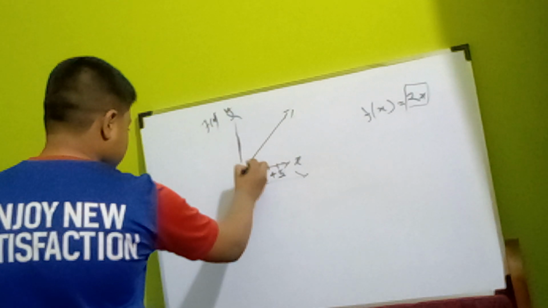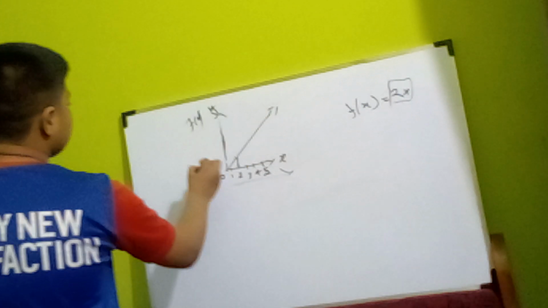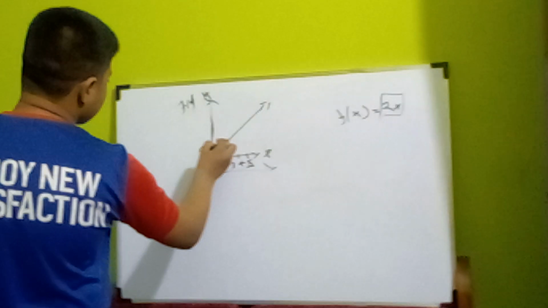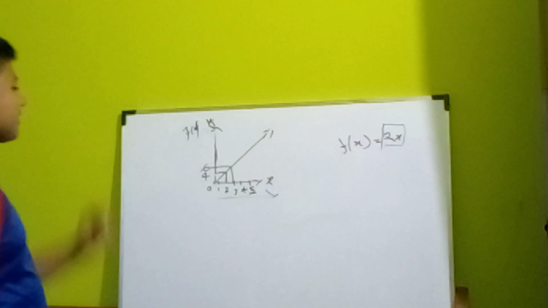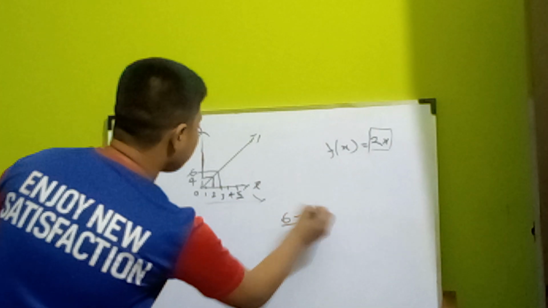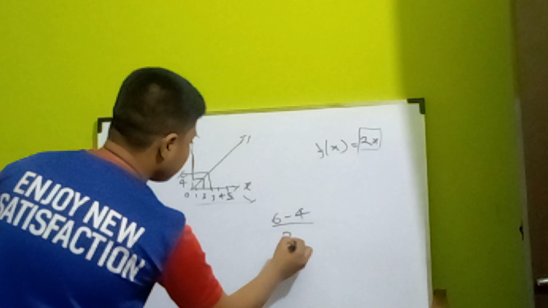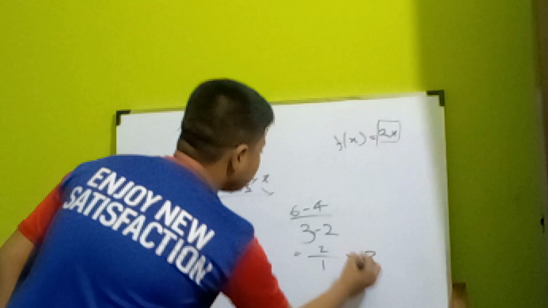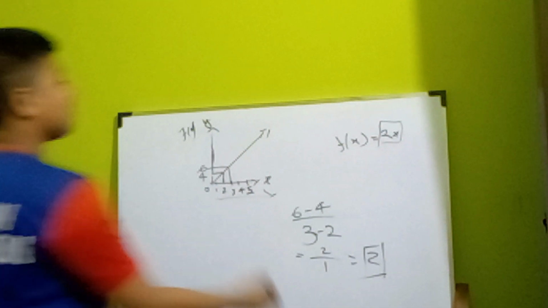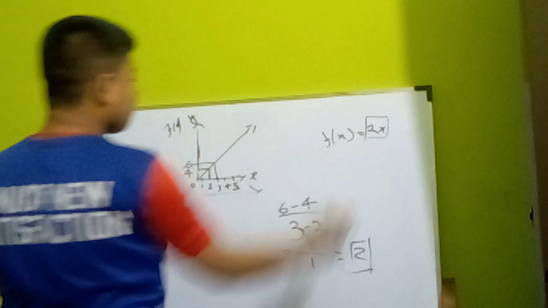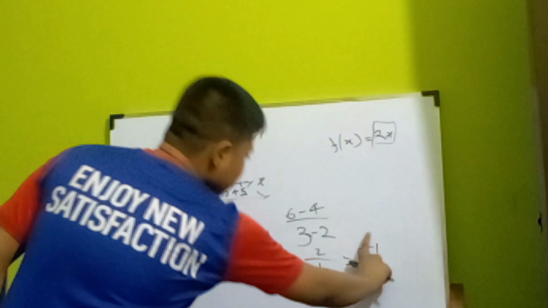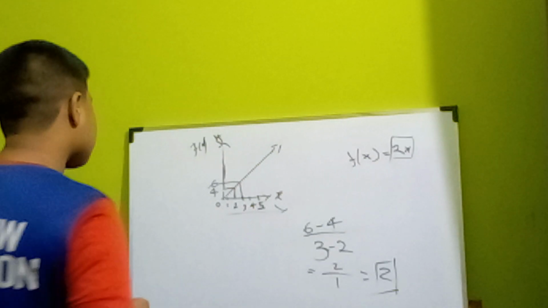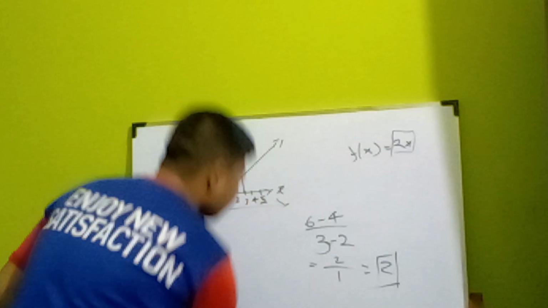So when x is 2, it gives us 4. When it's 3, it gives us 6. So its change is 6 minus 4 divided by 3 minus 2, which is just 2 by 1, or 2. That's what we're seeing. For each unit of x, the value increases by 2. It's the basic idea of derivatives, or what we call the slope of a straight line.